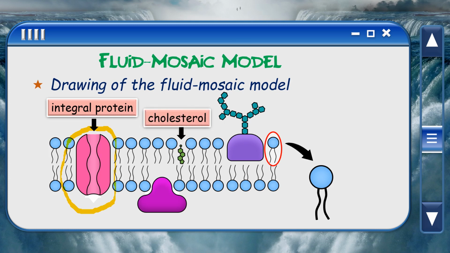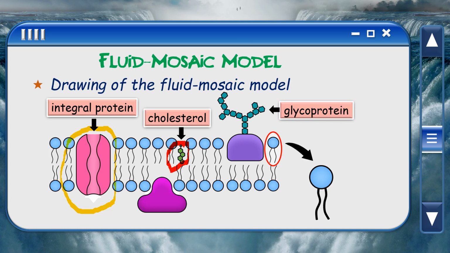Then we have the cholesterol, which we see embedding itself in the tails. Then we have the glycoprotein.